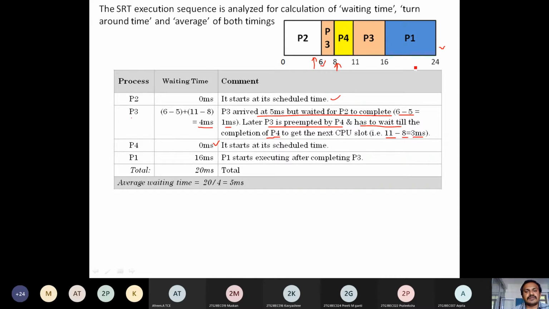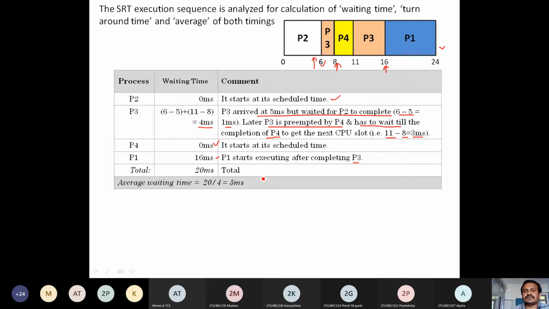Now what about P1? By observing the image, P1 has waited for completion of P2, P3 and P4. P1 is going to start its execution after completion of P3, which is the 16th millisecond. So P1 has waited for 16 milliseconds.